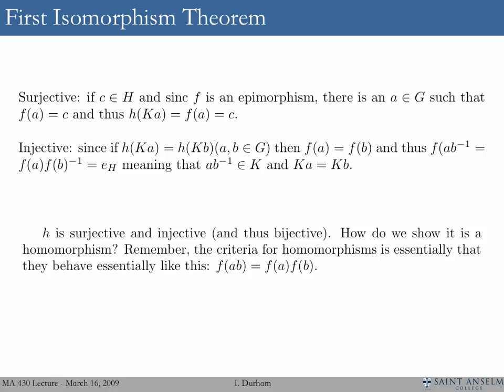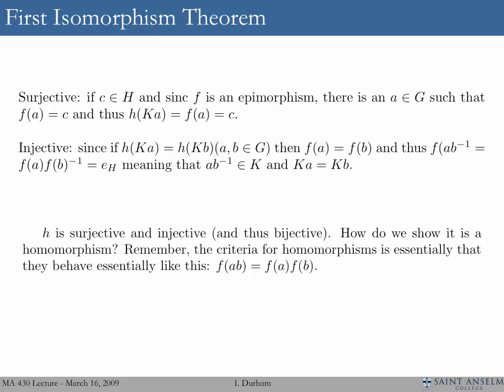There's got to be an element a of G such that f of a is equal to c, all right? So, again, if f is an epimorphism, it's some sort of a map that, think of it as a meat grinder. You take a, you drop a into the meat grinder, and it spits something out, f of a.